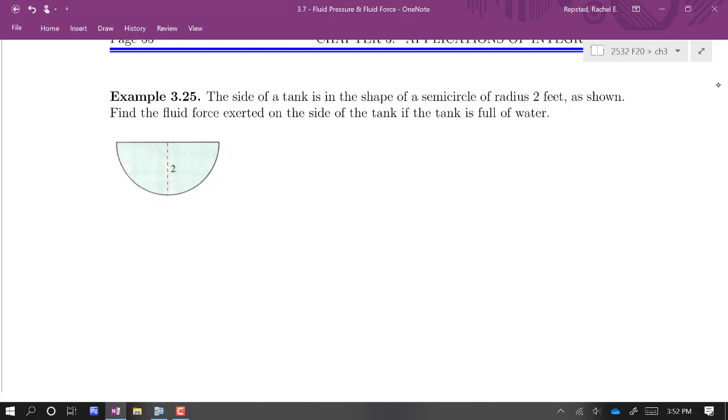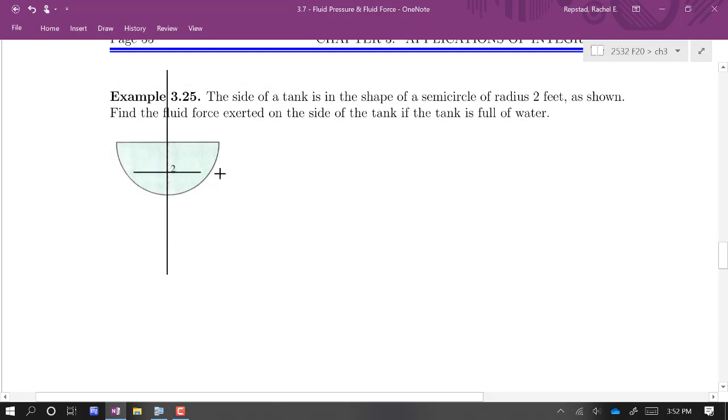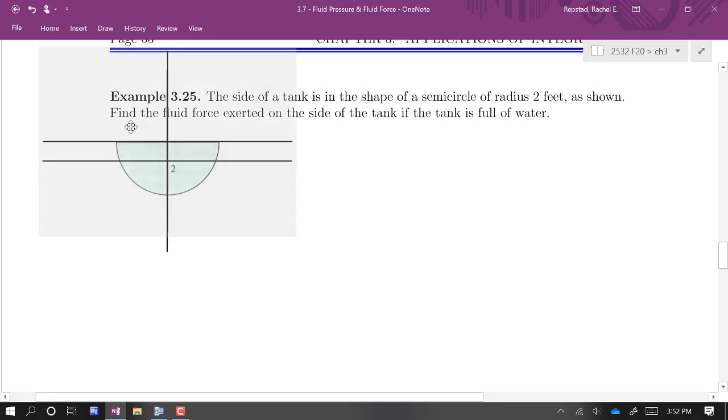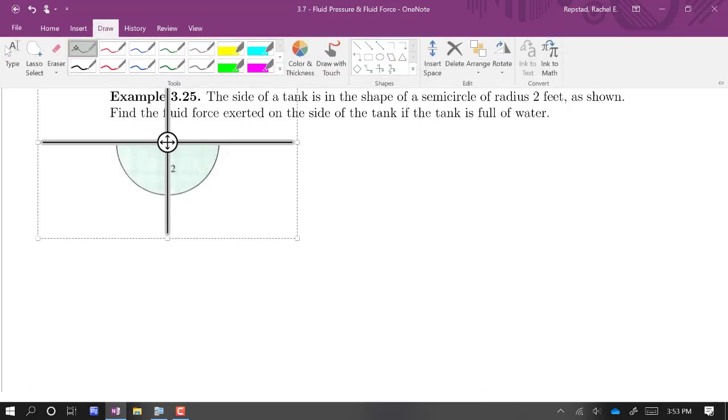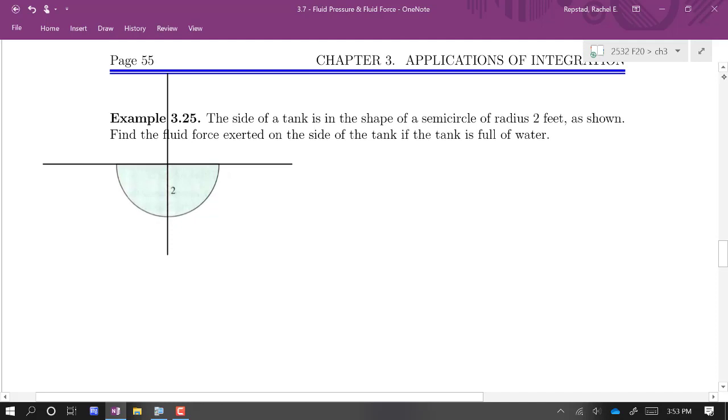Now, you're allowed to draw the axes anywhere you want, but there's certain choices you can make that will make your work a lot easier than other choices. So I'm going to take advantage of symmetry again. I'm going to draw it so that the y-axis goes right down the middle, and so that the center of the top is right along the x-axis, and that's going to make the equation of this circle really easy.